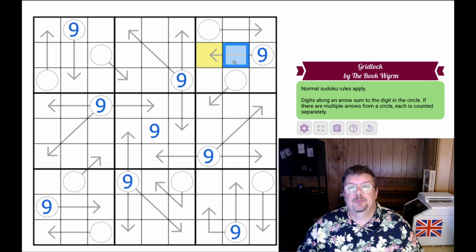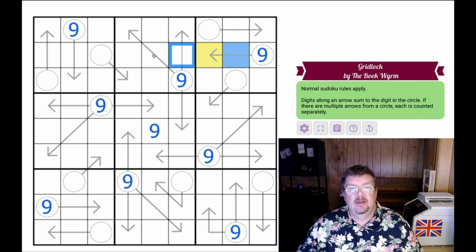Now, what I'm doing here is saying that these two cells, I don't know what they are, but whatever they are, yellow plus blue is equal to 9. Now, by sudoku, that cannot be yellow or blue.